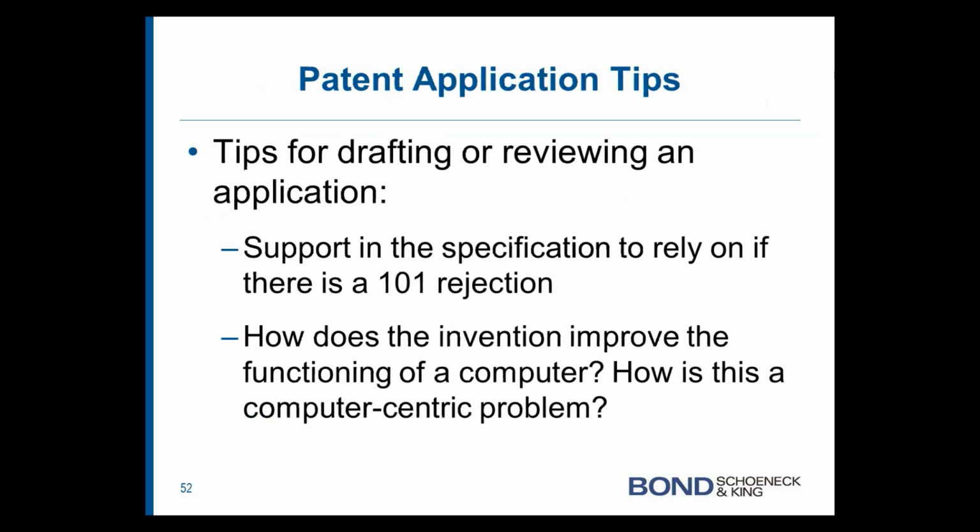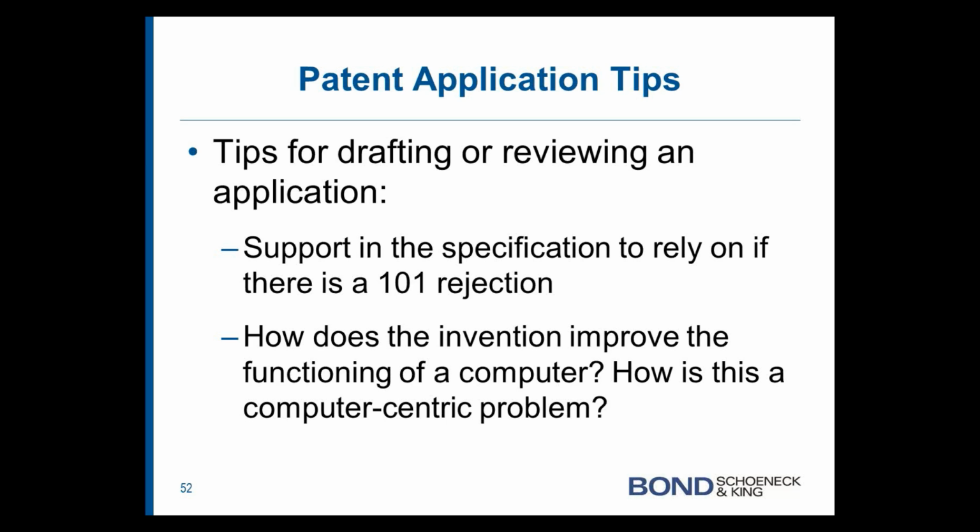So some tips for drafting or reviewing an application: it's very important to provide support in the specification that you can rely on if in fact there is a 101 rejection. Now hopefully if you provide that support in the specification, you won't get that 101 rejection in the first place.